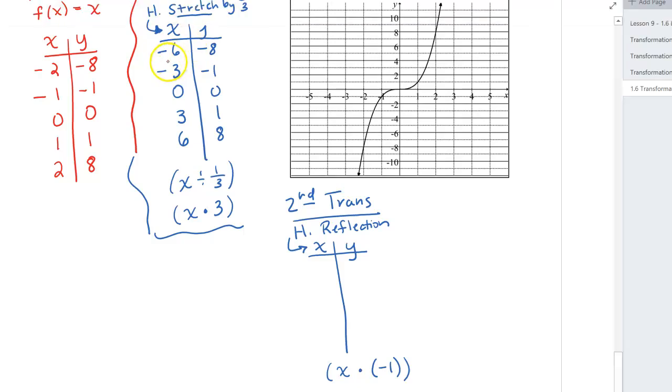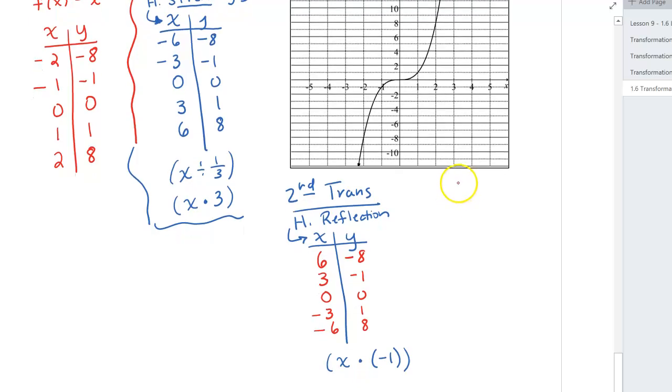So negative 6 times negative 1 would give me positive 6. Negative 3 times negative 1 would give me positive 3. 0 still 0. 3 times negative 1 would give me negative 3, and 6 times negative 1 would give me negative 6. Again, bringing down my y values. So that's my second transformation.